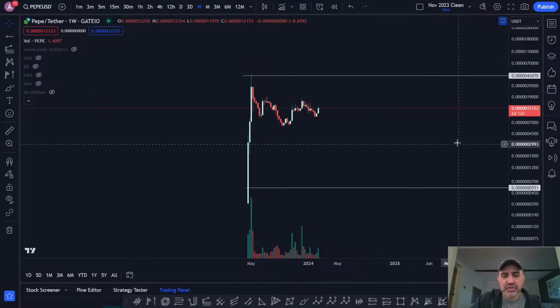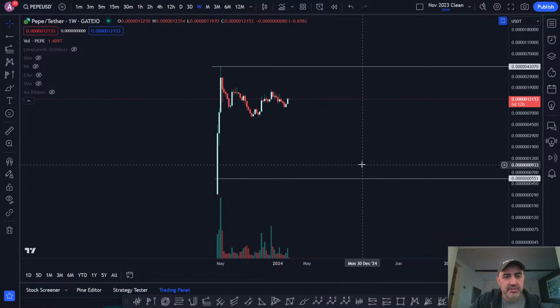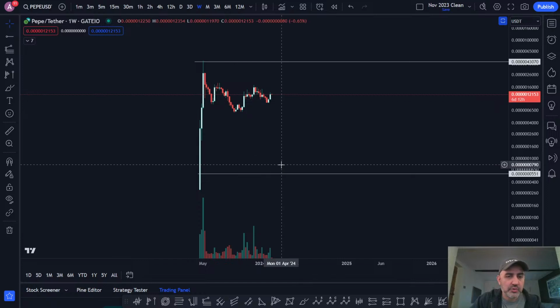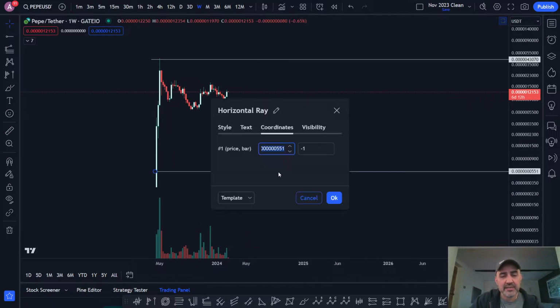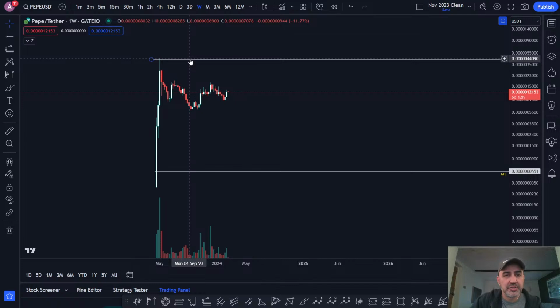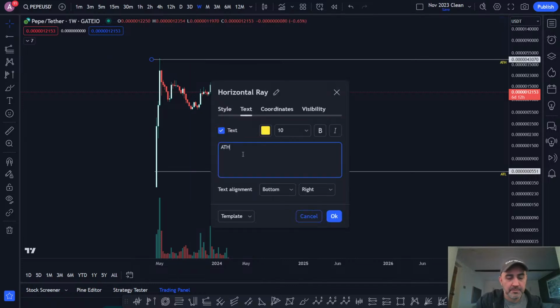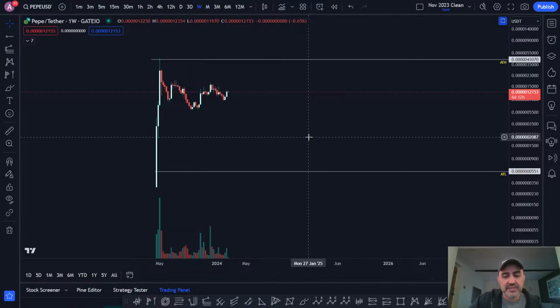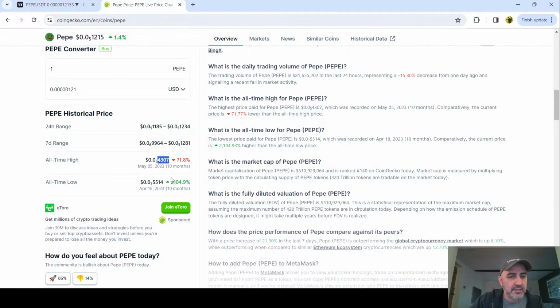And then what you would do is you would add those all-time high and all-time lows manually, because then you can do your fibs, which is what you want to do. You need correct fibs, and the way to do correct fibs is from the correct all-time low and all-time high.